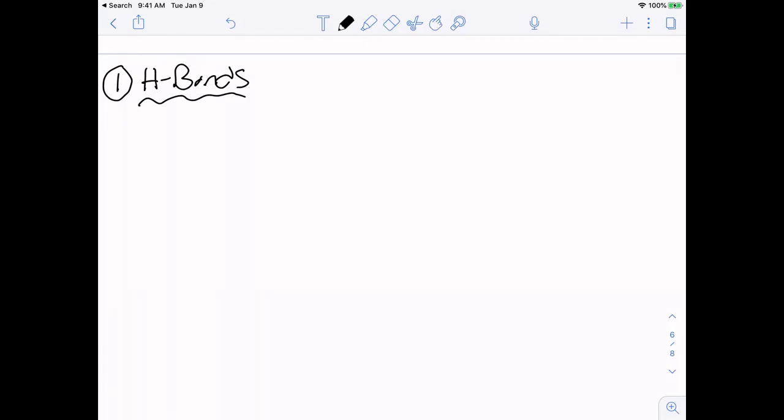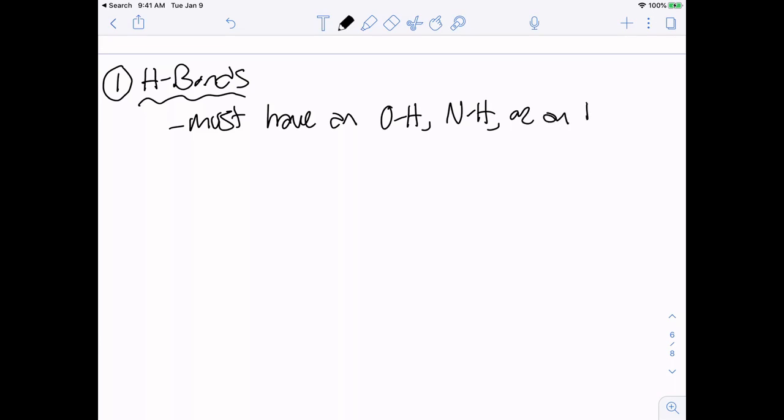So we must have an OH, an NH, or an FH bond, and the oxygen, nitrogen, or fluorine must have a lone pair of electrons.